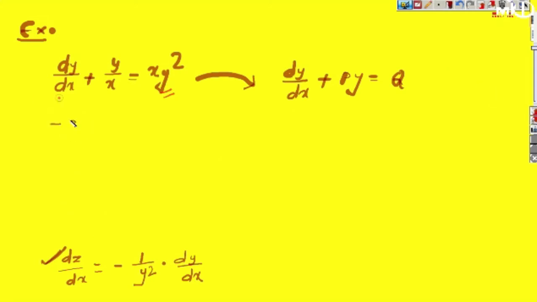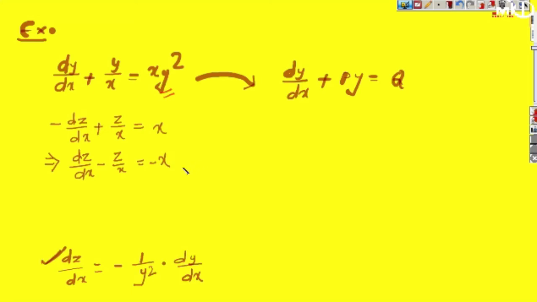So after substitution, our equation becomes minus dz by dx plus z by x is equal to x. Or if I multiply by the minus sign, then it becomes dz by dx minus z by x is equal to x.